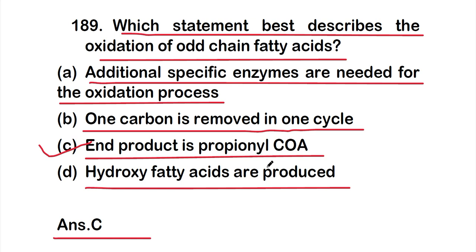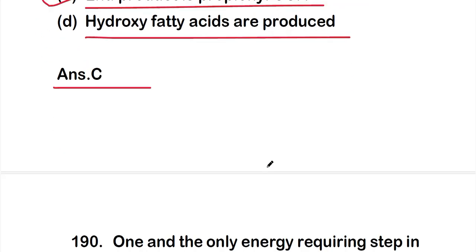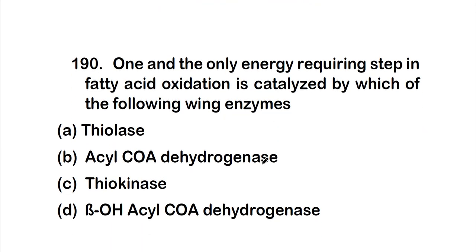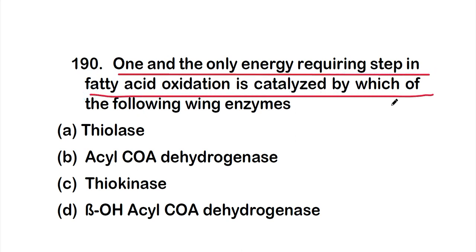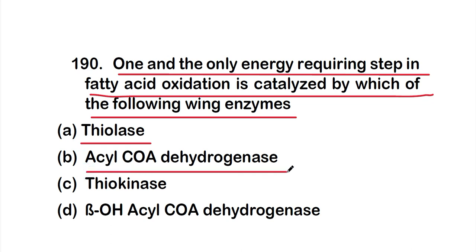Okay, so next question, let's see. Next is 190. So one and the only energy requiring step in fatty acid oxidation is catalyzed by which of the following enzymes? And the options are: option A, thiolase; option B, acyl CoA dehydrogenase; option C, thiokinase; and option D, beta hydroxy acyl CoA dehydrogenase.